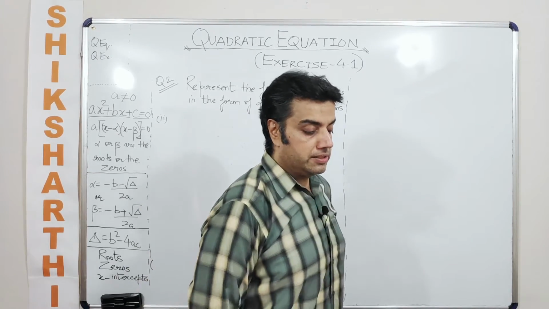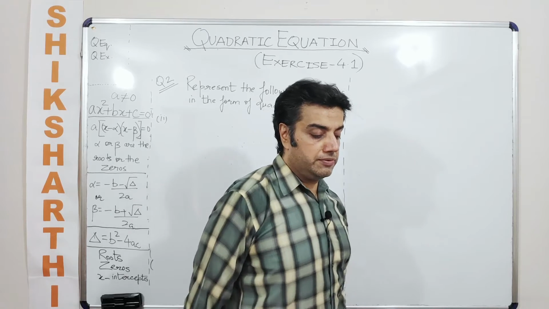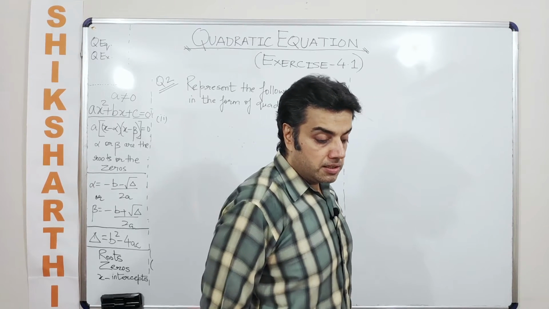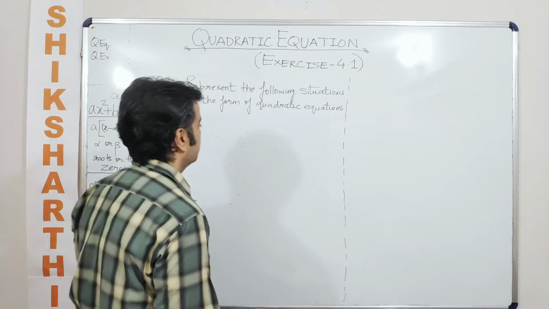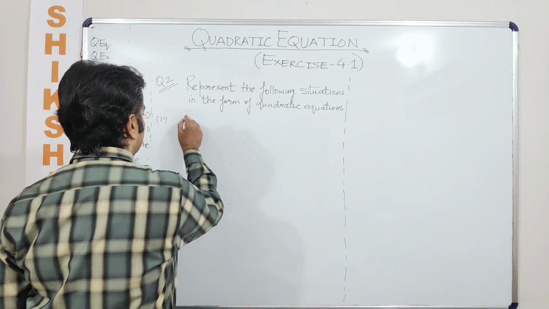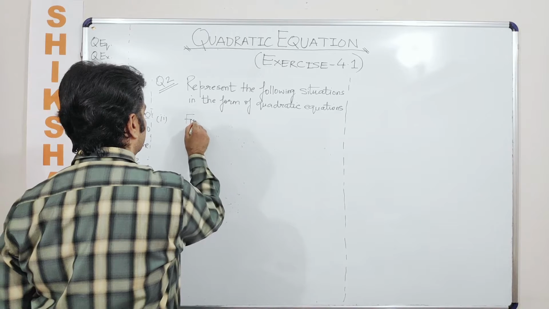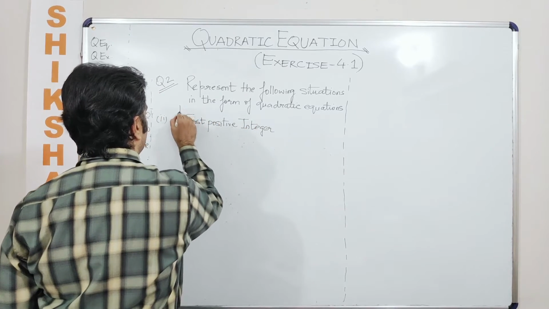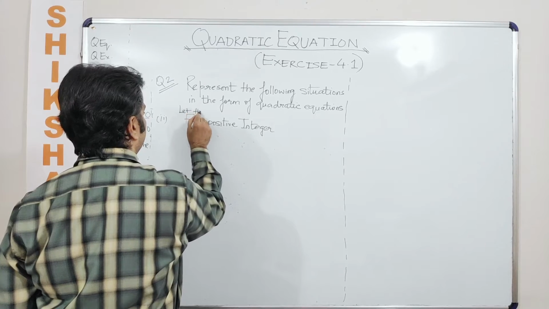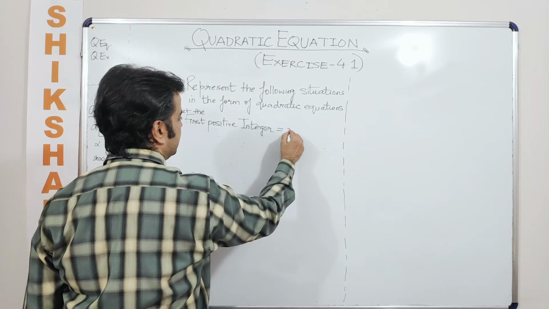So subpart 2 says the product of two consecutive positive integers is 306. We need to find out the integers. Okay, so let's say, let the first positive integer be equal to x.